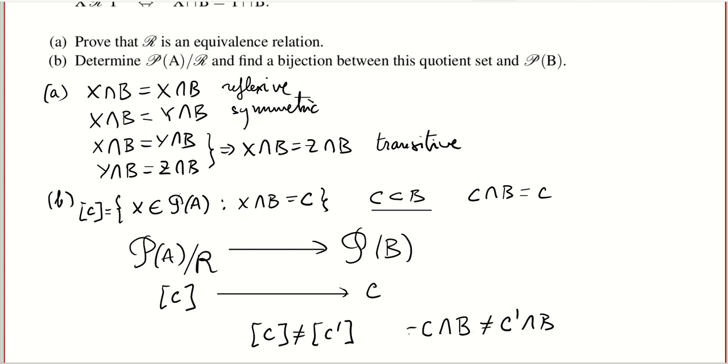But this is C, and this is C prime, because they both are subsets of B. So C and C prime have to be different. So if two different elements have different images, this is injective. And obviously there is an inverse relation, because if you pick any C here, it defines a class here. So the mapping is reversible, so this is a bijection.